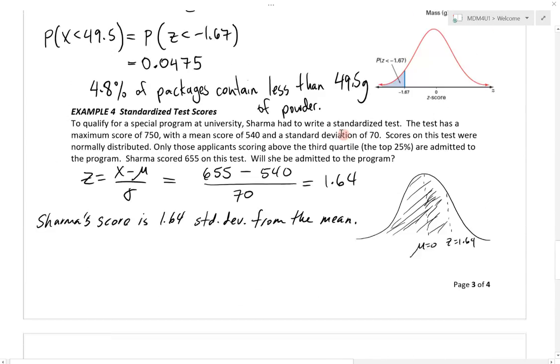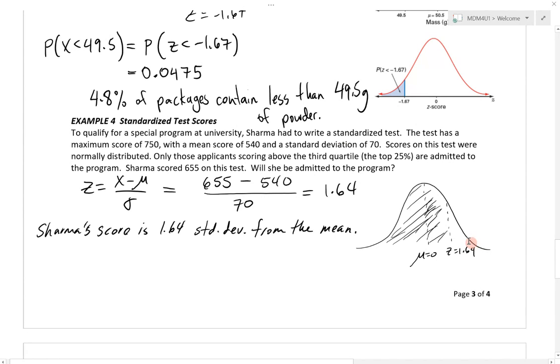Now Sharma is 1.64 standard deviations above. So if mu plus one standard deviation is approximately 74%, then mu plus 1.64 standard deviations would be definitely greater than 75%, right?